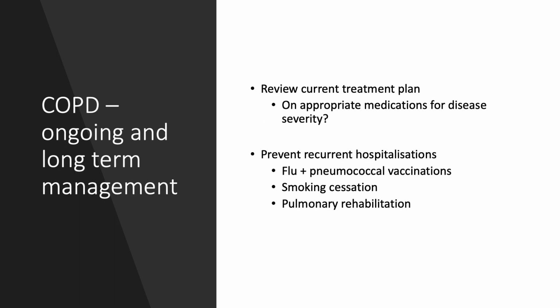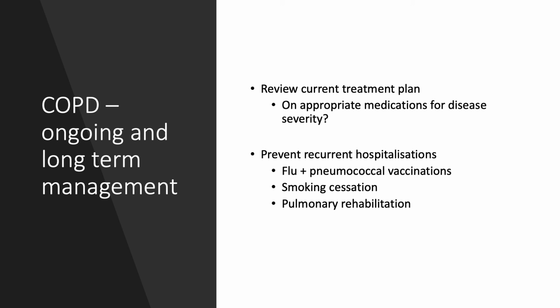And importantly, with COPD patients, being a chronic disease, it's really important to review their current treatment plan, so their current medications or puffers. Are they on the appropriate amount? Are they on the right types for their current disease severity, or has it gone downhill and they'll need a reevaluation of their medications?